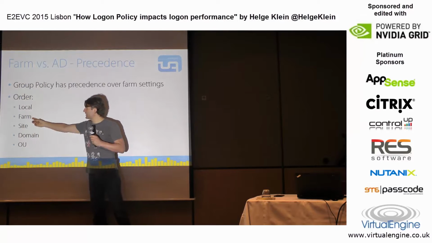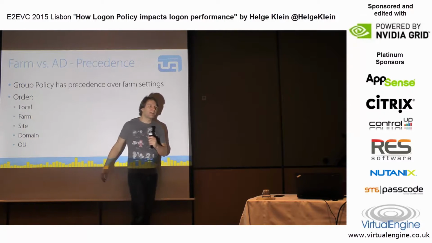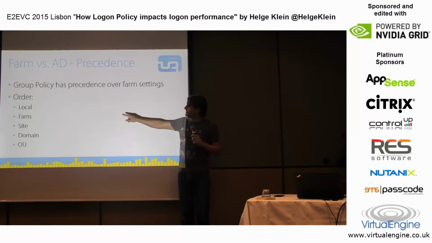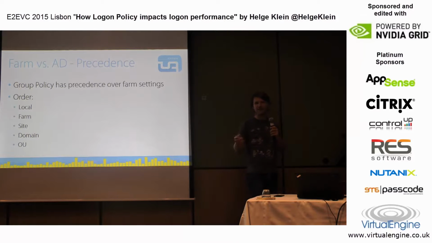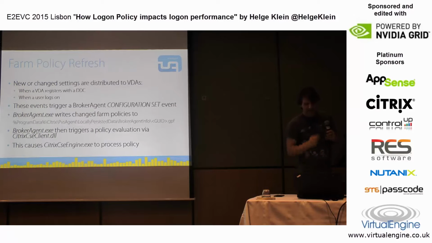If you have Citrix settings configured in the farm, they come in at that point in time, pretty early, so they have a low precedence. In other words, if you have the same Citrix setting configured in the farm and in AD, AD wins. Now, when settings are stored in the farm and need to be refreshed, how does that work?